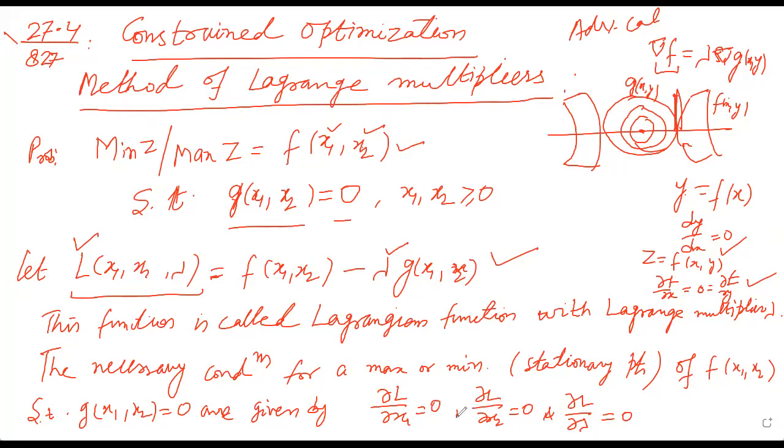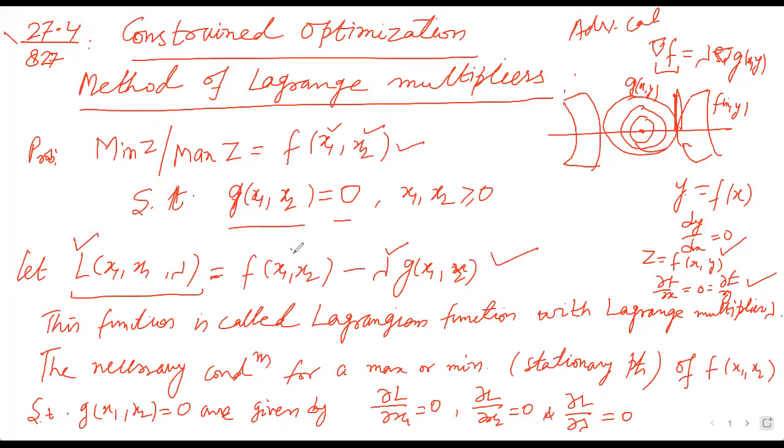तो इसको अगर आप solve करें del L over del x1, this is your L equation. So what you will be getting? So we get del f over del x1 minus lambda del g over del x1 is equal to 0, है ना. ये इक्वेशन है आपके पास.